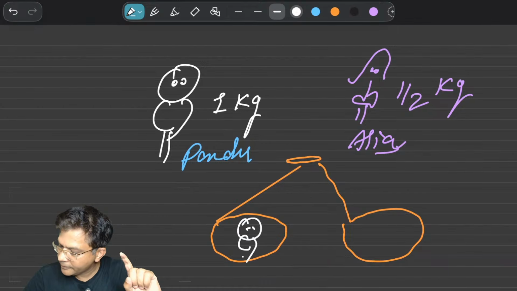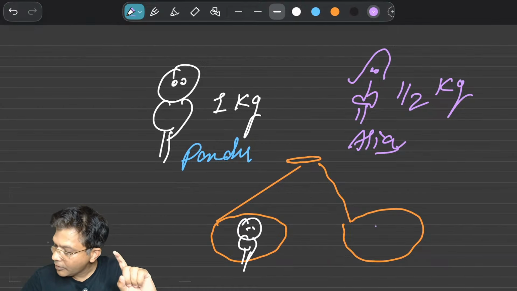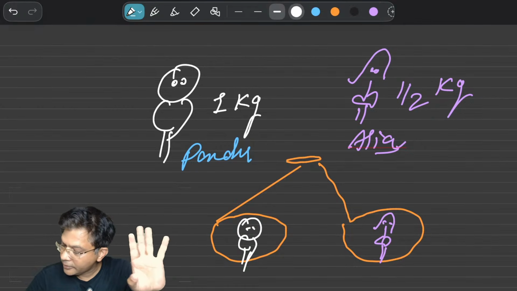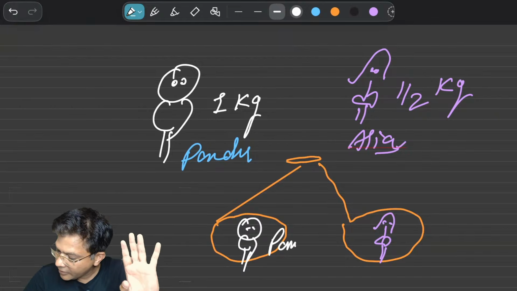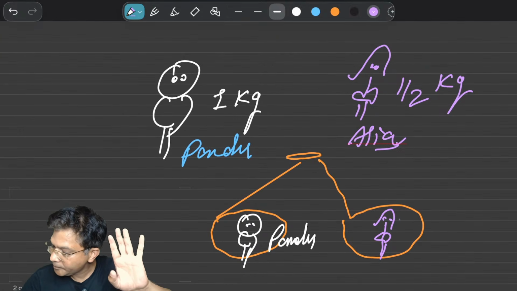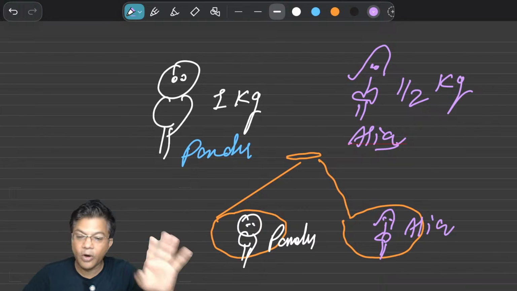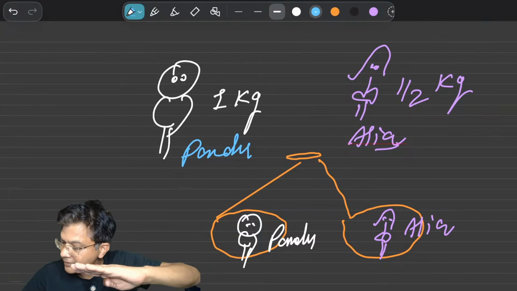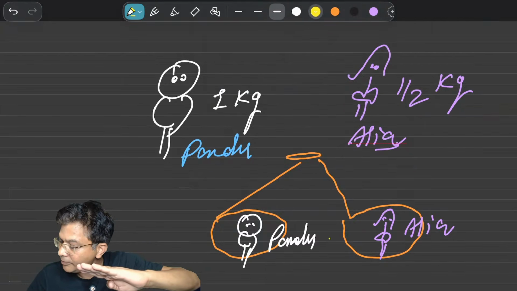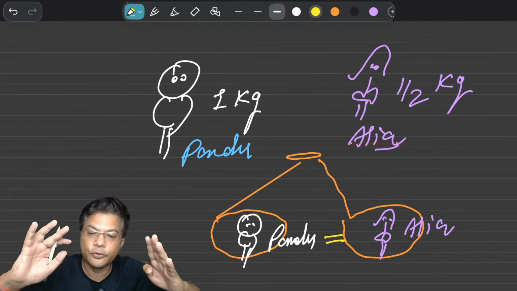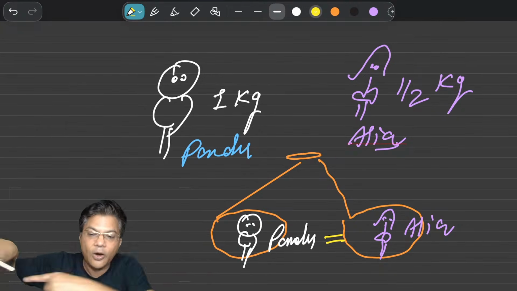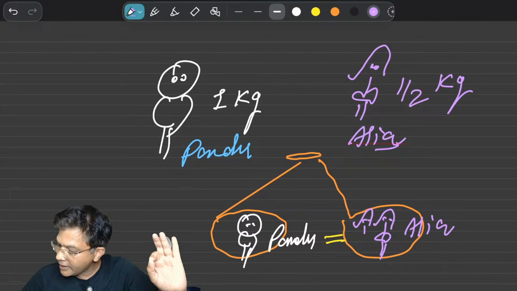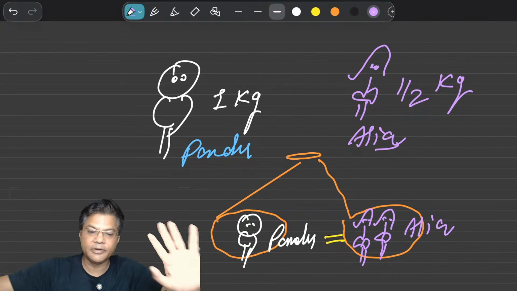The balance will go down on Pandu's side, because Pandu is twice as heavy as Alia. But I want the balance to remain in equilibrium. What am I supposed to do? I will put 2 Alia on the right hand side.